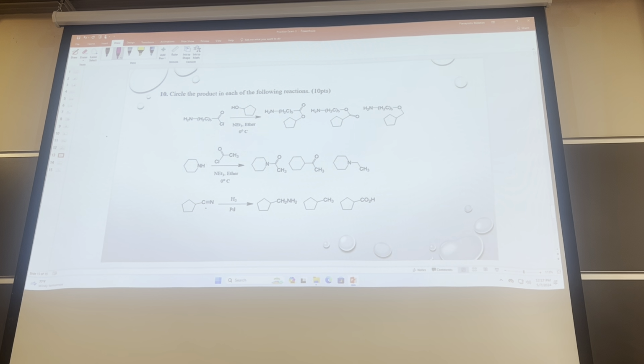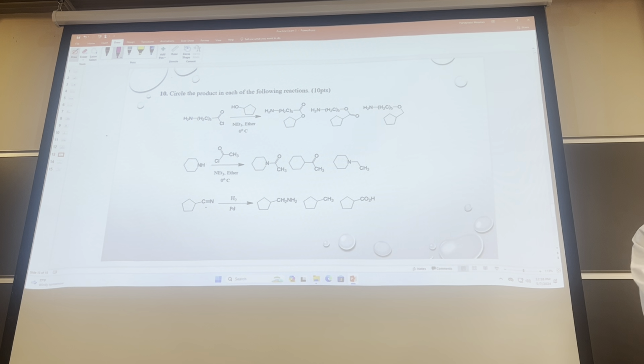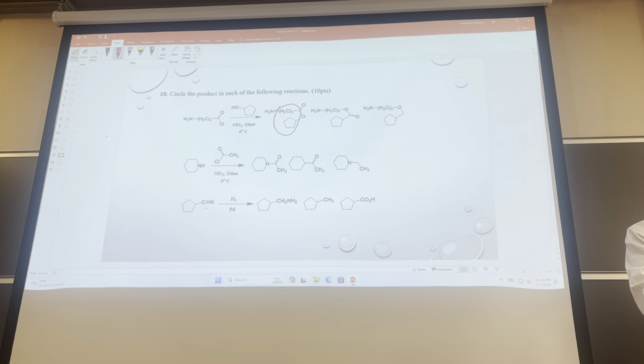Okay. Question number 10. Circle the product in each of the following reactions. We have the first reaction of acid halide with cyclopentanol, diethylamine. This is the formation of ester, right? The first one, where the alcohol part. The second reaction is the acetyl chloride reacting with the amine. The answer is first one, formation of diamide.